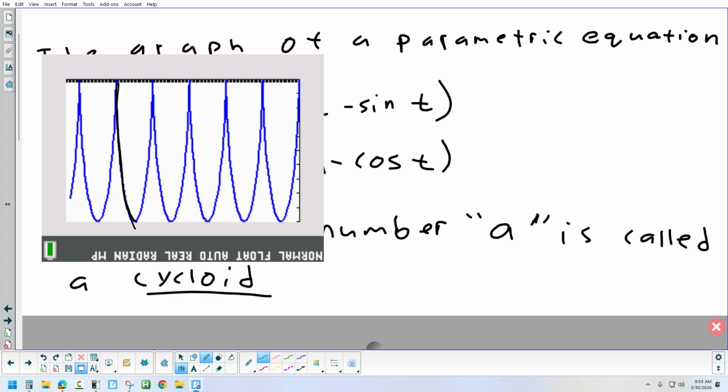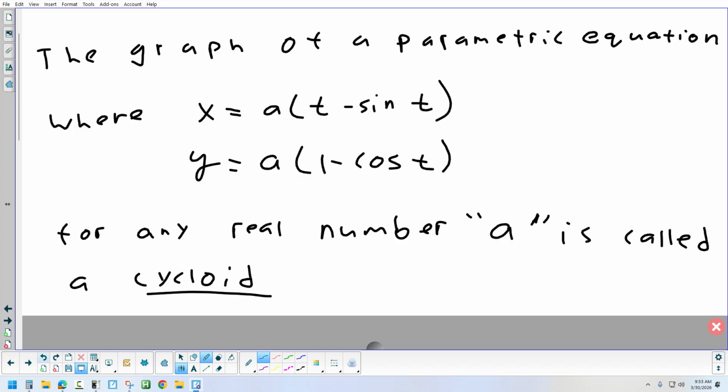So like if you made a roller coaster in the shape of a cycloid, that would be the fastest way to get from here to here, going down on a track. The curve of a cycloid. You might think, oh, maybe a straight line from the top. No, it's not a straight line. It's a cycloid curve. It's the fastest way to get down.